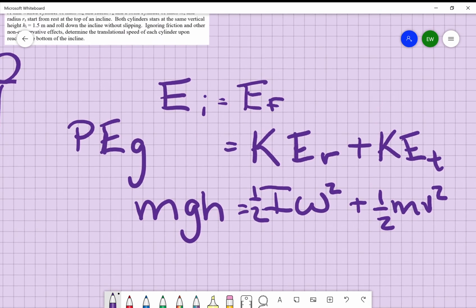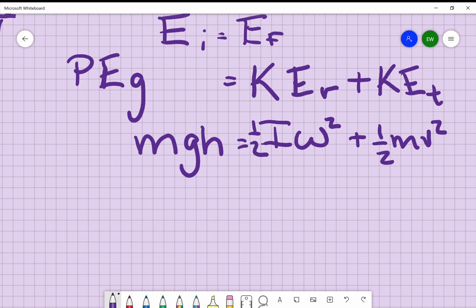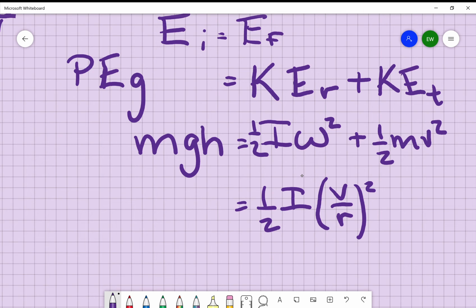Since it said translational, I'm going to convert all of my rotational stuff into translational. So here, 1/2 I, remember, omega is equal to v over r, squared, plus 1/2 m v squared. What r is this specifically? That's the radius of my cylinder. So we still have mgh here.